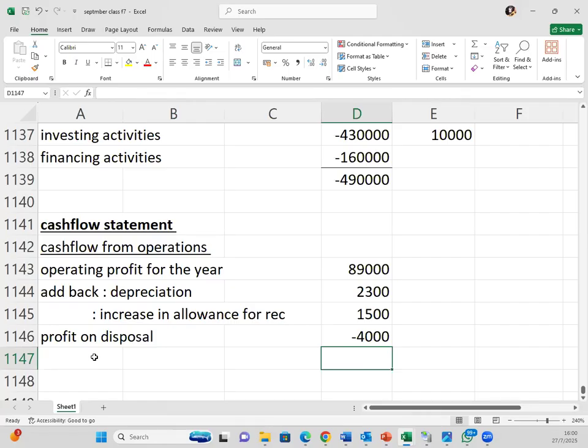It's an income, but it's not money that's coming to us. So for all the incomes, I'm not going to list all of them here, but if the income is a non-cash income, you are supposed to deduct it, because in the profit and loss you would have added it.